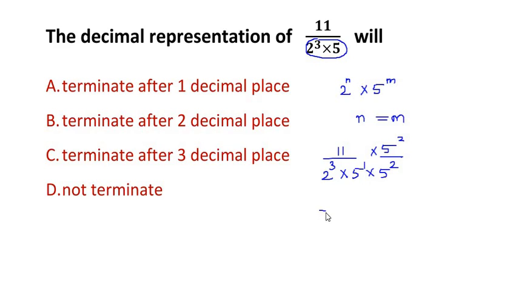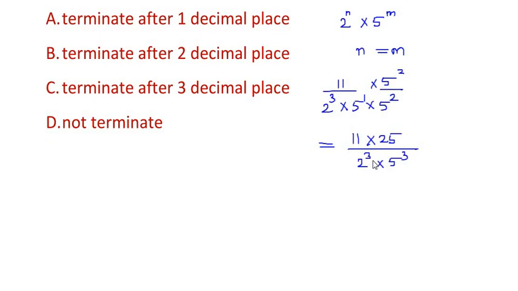So the numerator becomes 11 times 25, over the denominator 2 to the power of 3 times 5 to the power of 3, since using the laws of indices, when the bases are the same, we add up the powers. Now as you can see, we have got the powers the same, that is n equal to m.